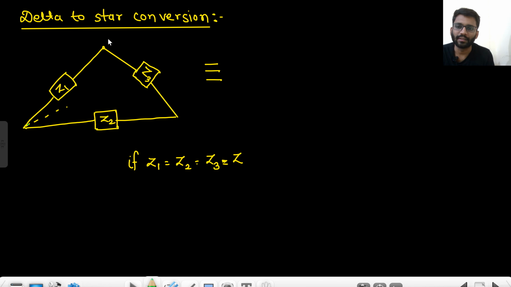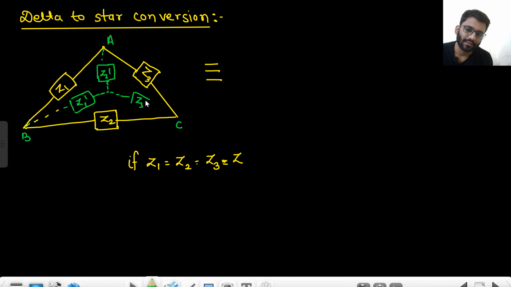So what we are doing, this is node A, this is node B, this is node C. We are connecting one Z1 dash in between, then we will have one Z2 dash, then we will have one Z3 dash. Okay, like this. We are converting delta to star. So basically, this we will be forming.